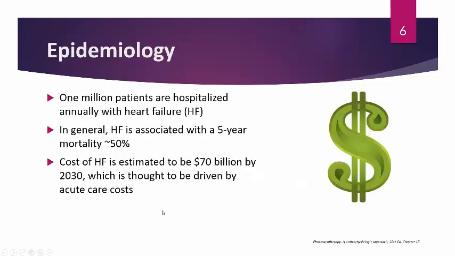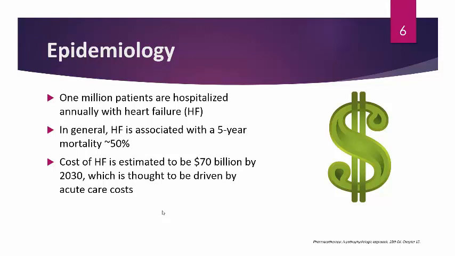Just to give you a little bit of background, there are about 1 million patients hospitalized annually with heart failure. And in general, heart failure is associated with a 5-year mortality of about 50%, which is pretty significant whenever you think of morbidity and mortality terms. The cost of heart failure is estimated to be about $70 billion by 2030.